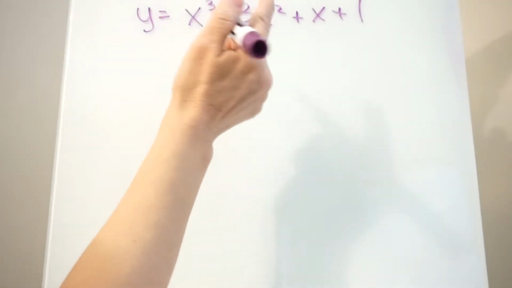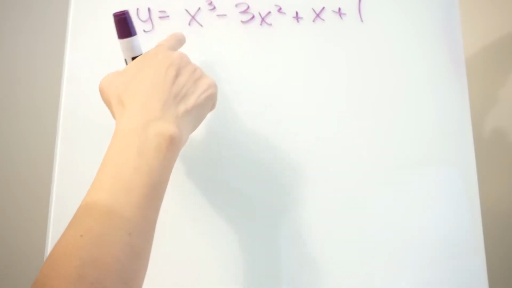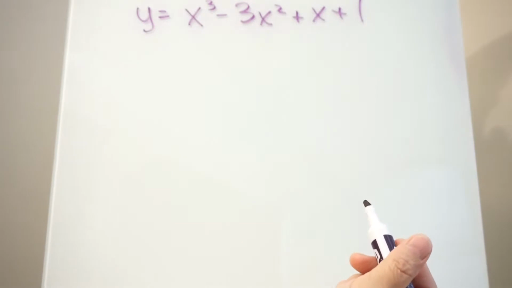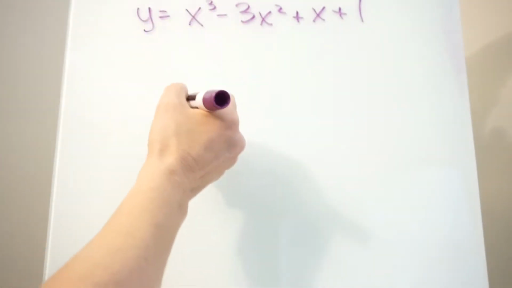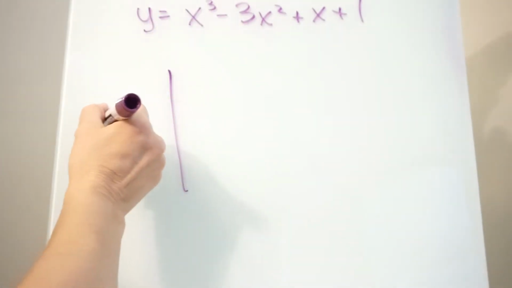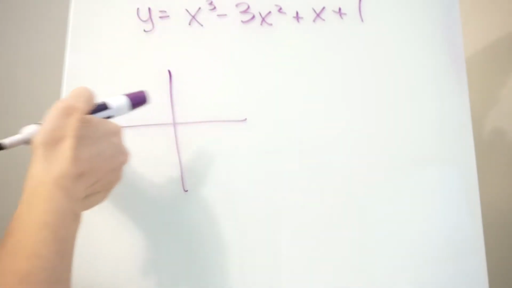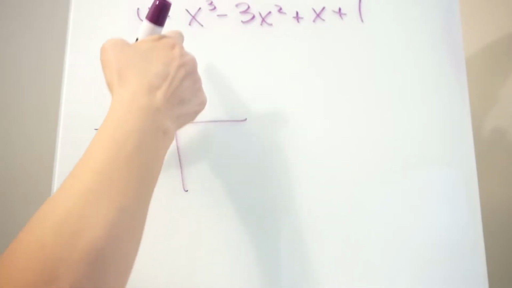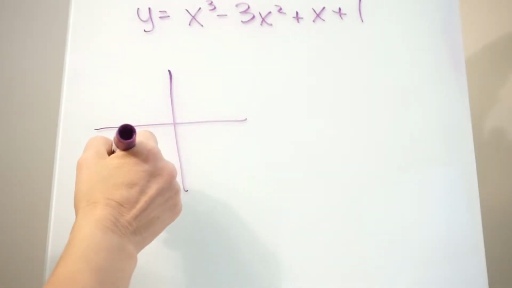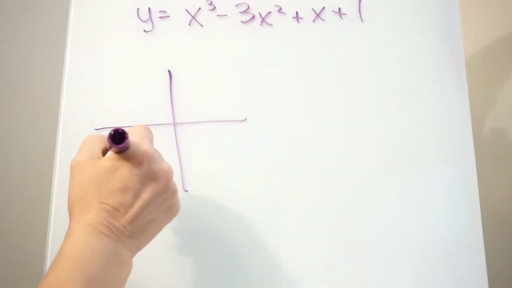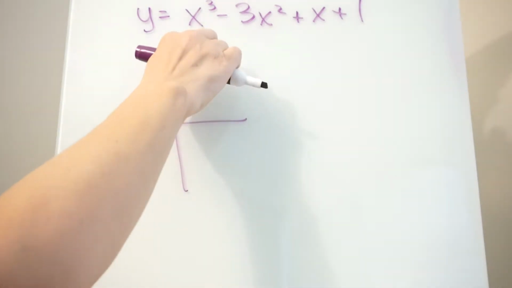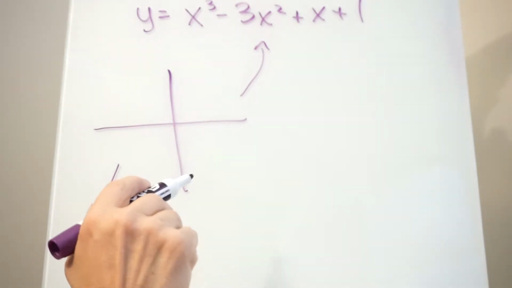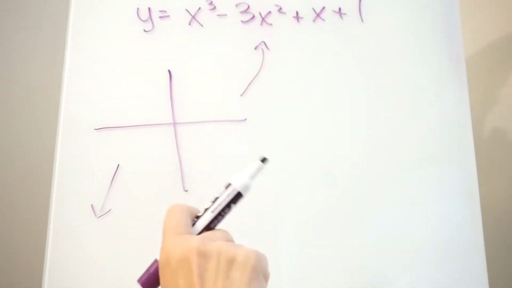We know that this is a cubic function. A cubic function is going to have 2 turning points. If we were to graph this, for very large negative numbers, if you have a negative and you cube it, this is going to be negative, so that dominant term is going to be negative. For very large positive numbers, that's going to be positive. So we have an idea of the ends of it.